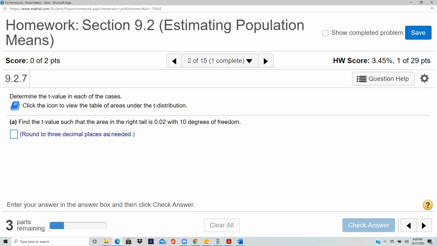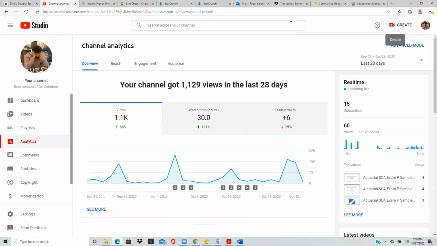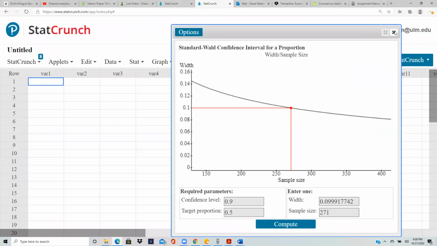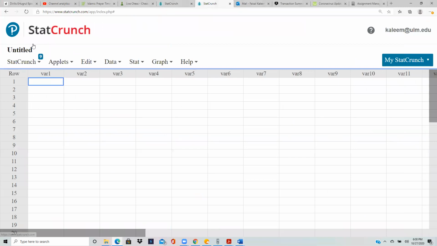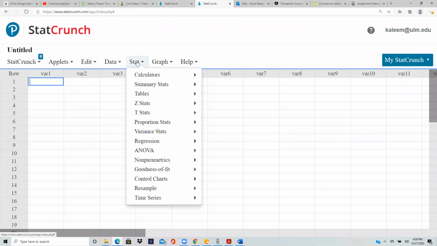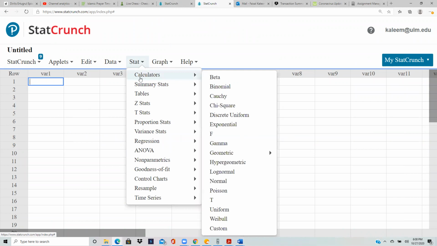So let's first see how we get to the t calculator. So what you do is you do stats, calculator, and instead of normal you do t.